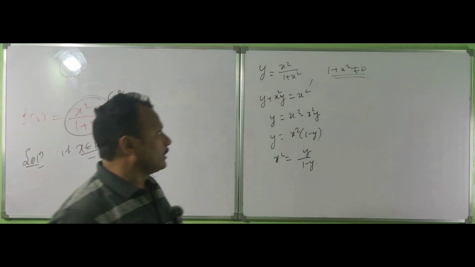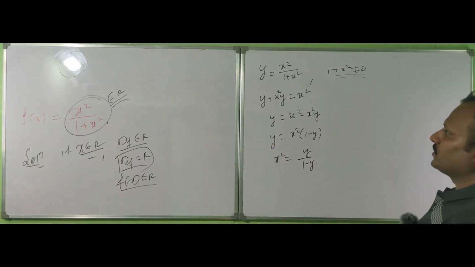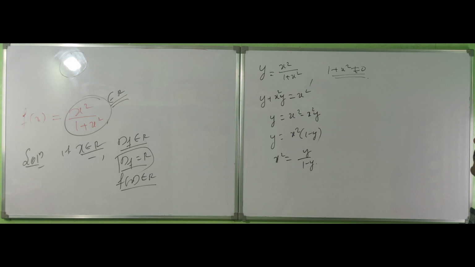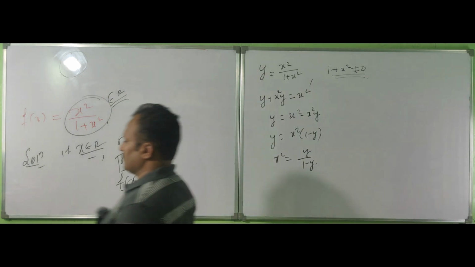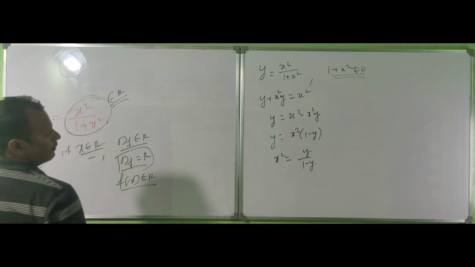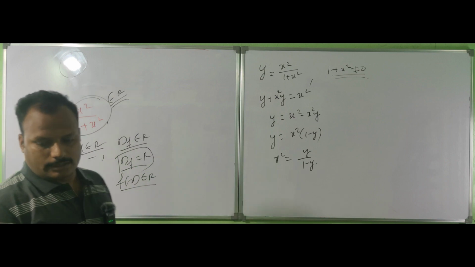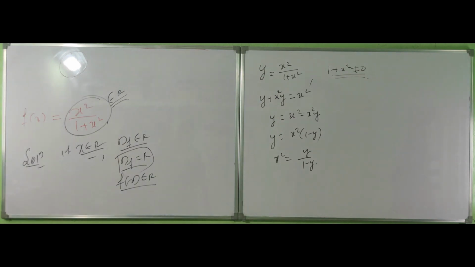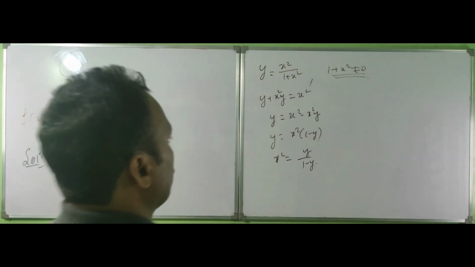Let's see the operation: y is equal to 1 plus x square, 1 plus x square minus x square. X square is equal to y over 1 minus y. This is the step derivation.